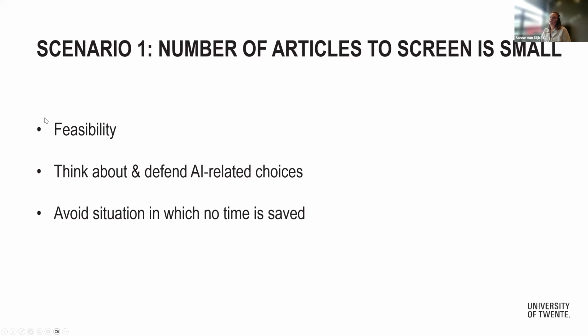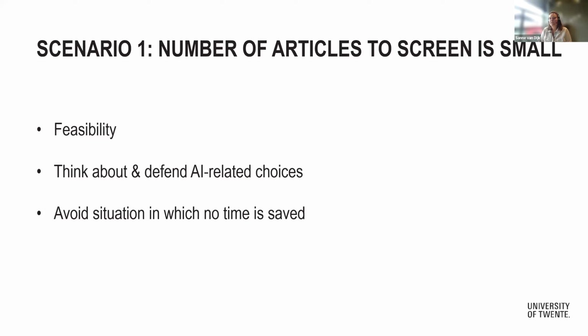So the first scenario that we discussed in our paper was the choice whether or not to use AI for the title and abstract screening. We read some reviews that had a data set containing no more than 300 papers in total, and they still chose to use ASReview. But we also saw in those papers that the benefit in terms of time saving was minimal.